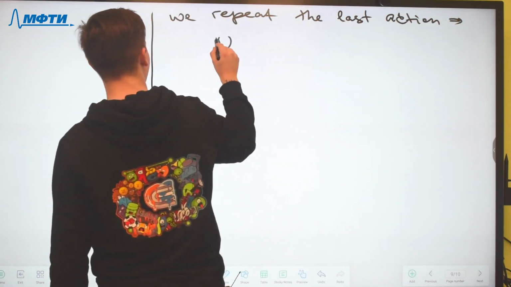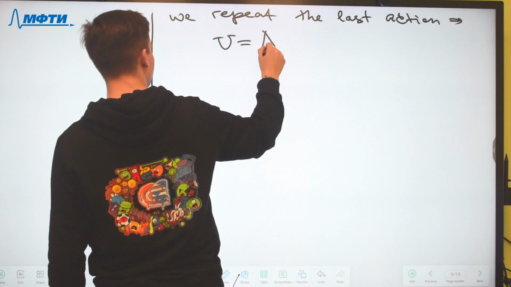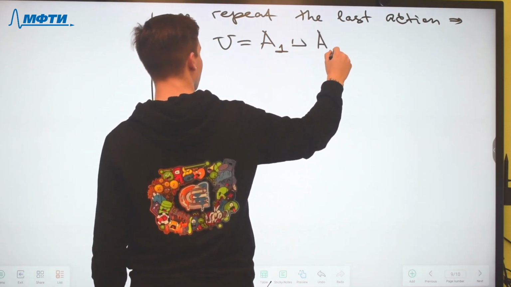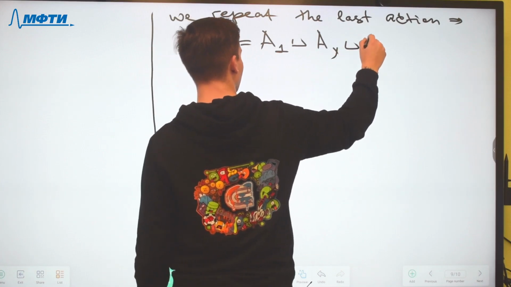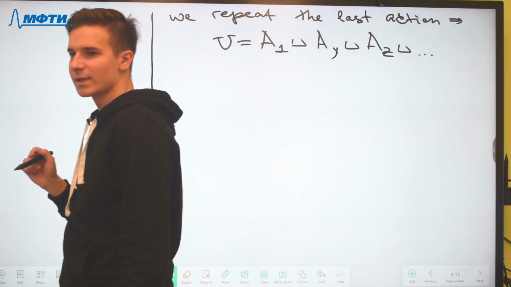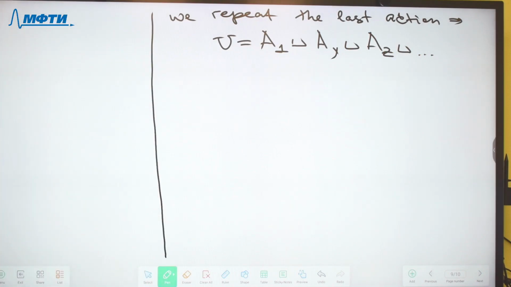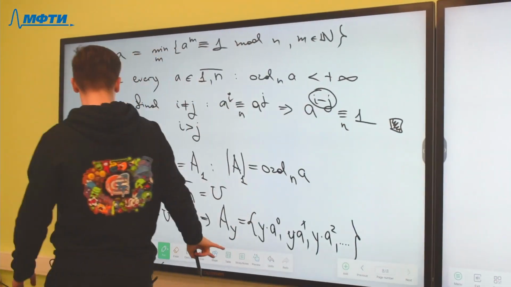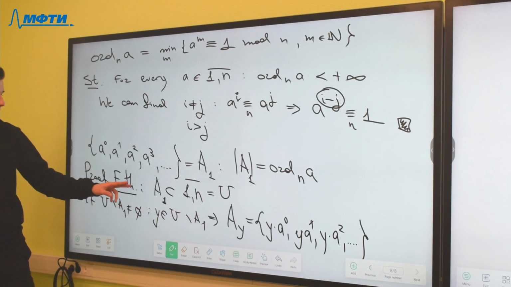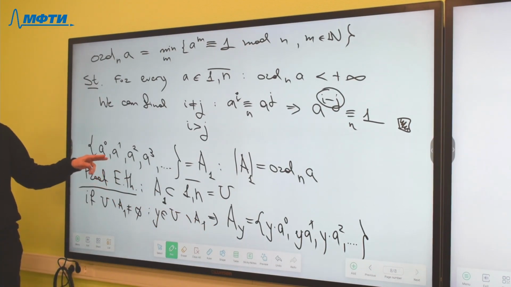And we find that U is equal to some subsets, and we can prove that these subsets are not intersecting.